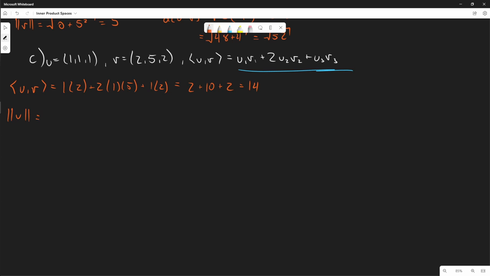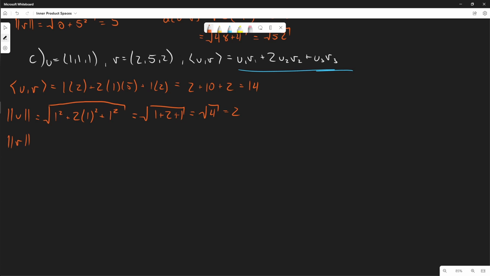Magnitude of u: the square root of 1 squared plus 1 squared plus 1 squared, and take the square root. And so you're left with the square root of 1 plus 2, yeah, 2 plus 1, which is equal to the square root of 4, which is 2.